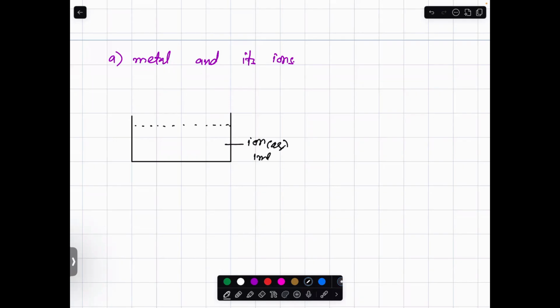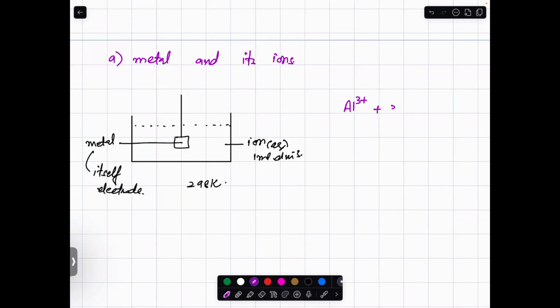Its concentration is 1 mole per dm cube. And the metal is itself the electrode. This is the half cell. This is working at 298 Kelvin. For example, Al3+ gain 3 electrons, aluminium. This is a half cell, right?